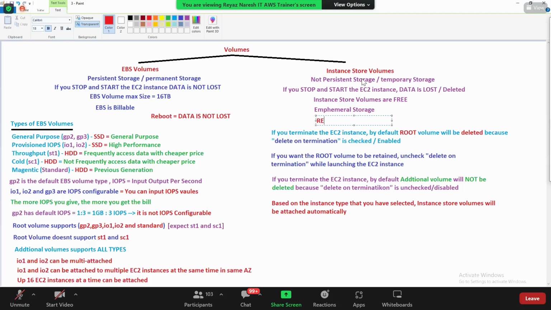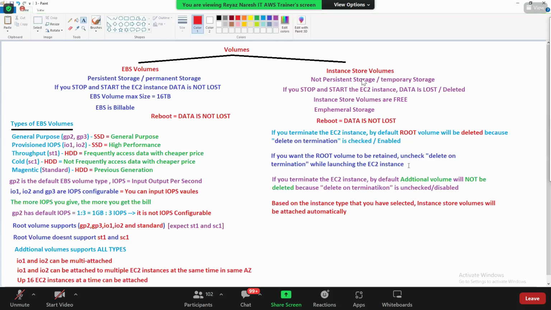If I reboot the machine with instance store volumes, is data lost? Answer is no. Confusion, no? Correct, no? So generally, if you stop and start the EC2 instance which has instance store volumes, is data lost? Yes, it is lost. But if you reboot, data is not lost.